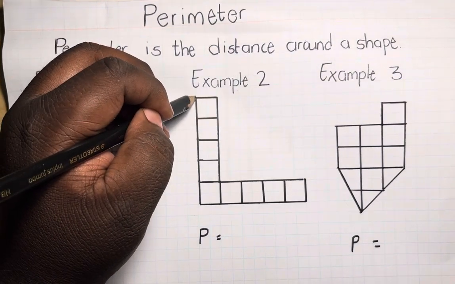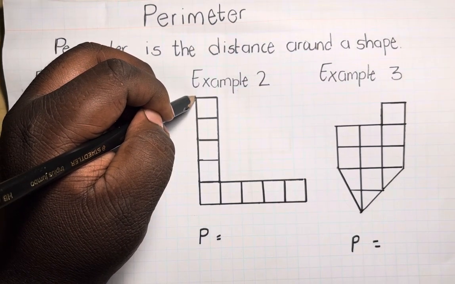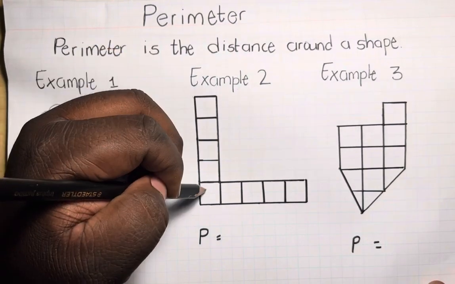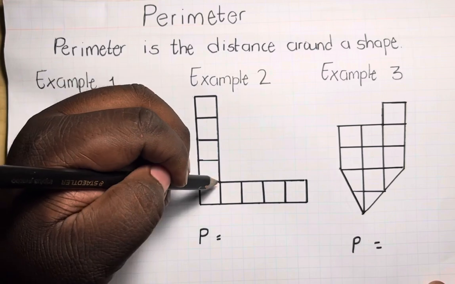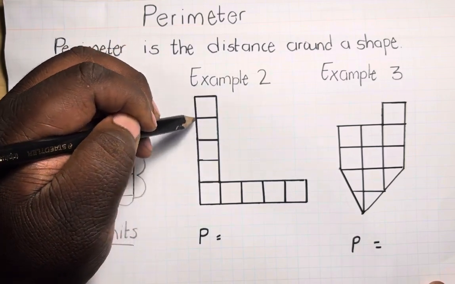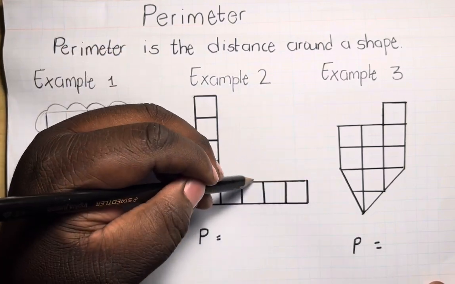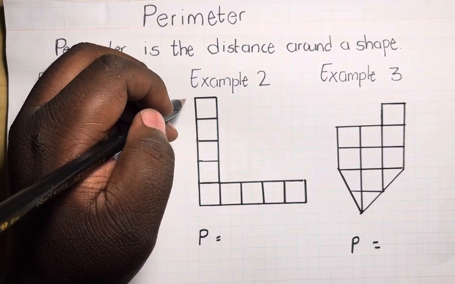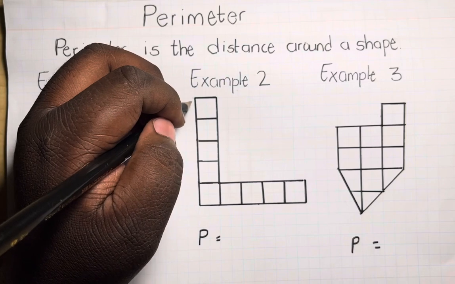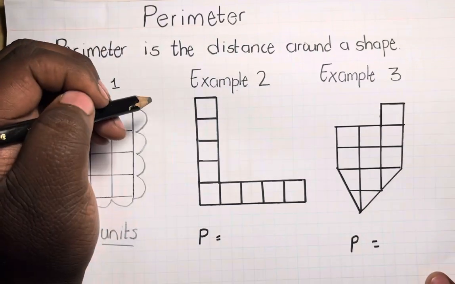Again, you're counting along the length of the shape, so the outside boundary. So just imagine that this entire shape here is a yard, and the distance around it, the boundary around the shape, that would be the perimeter of the shape, which is where you're counting. Don't confuse this for area, which is when you count the blocks that are inside the shape.